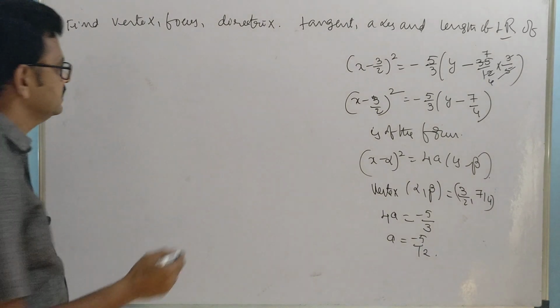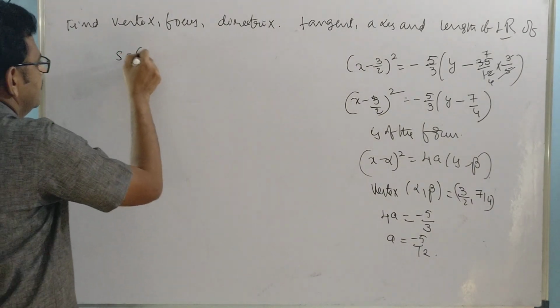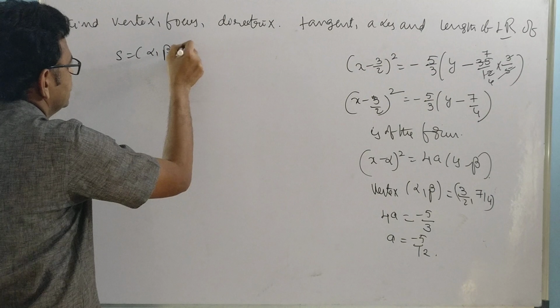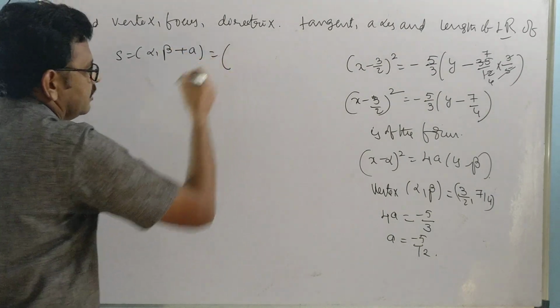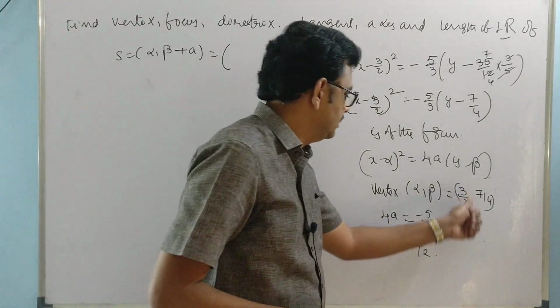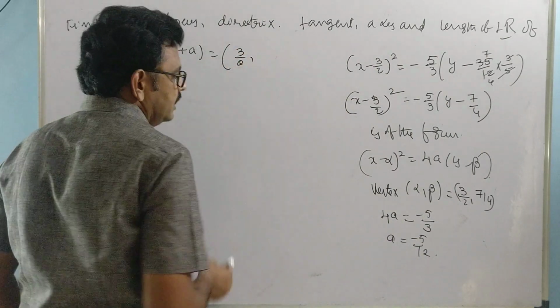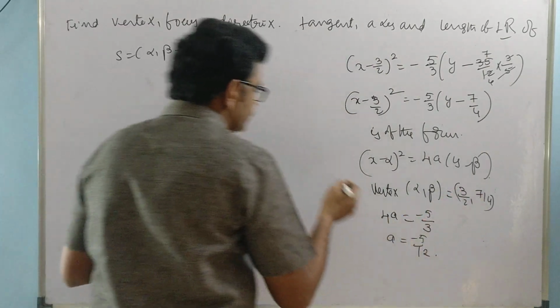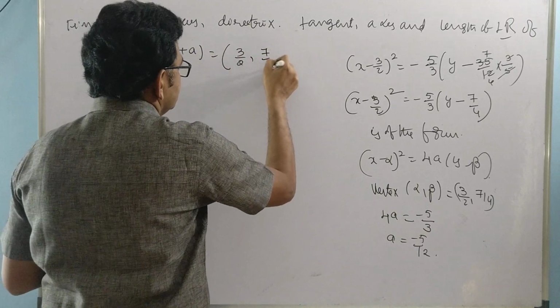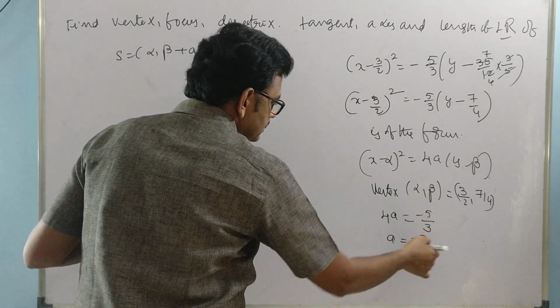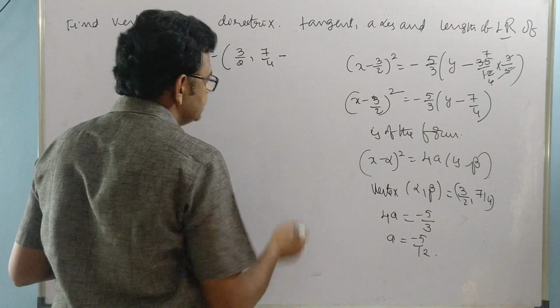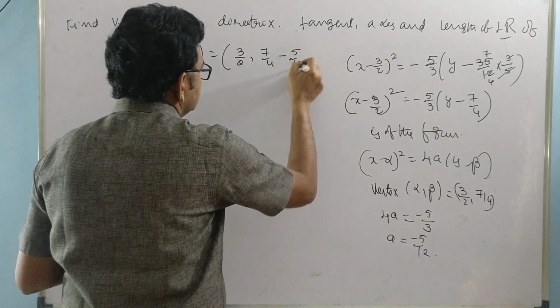So focus S is alpha comma beta plus A, where alpha is 3 by 2 and beta is 7 by 4, and A is minus 5 by 12.